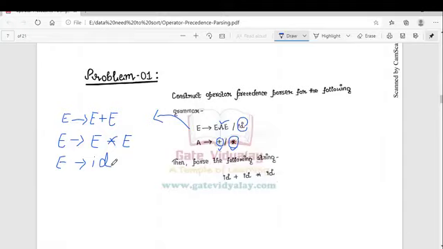Let's take another example and convert that grammar into an operator precedence grammar.